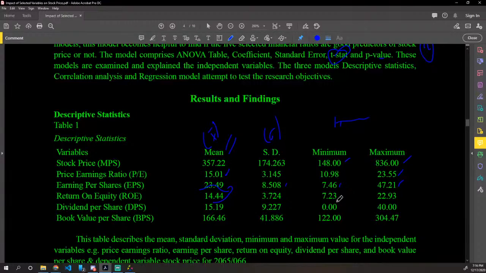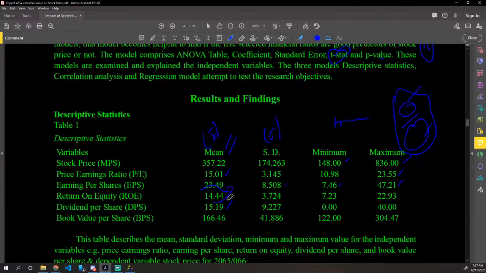Could be that reason. Return on equity, that's your profit over your equity, right? And then dividend per share is this much. So EPS was that much, and you gave a dividend of this much, more than return on equity, right?